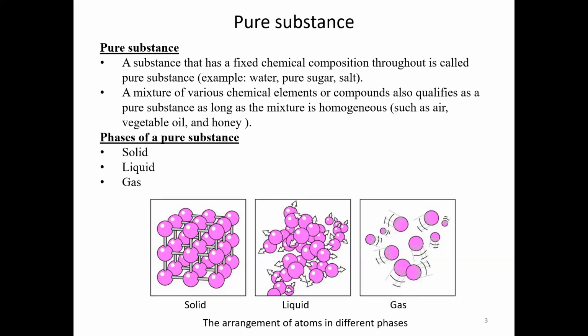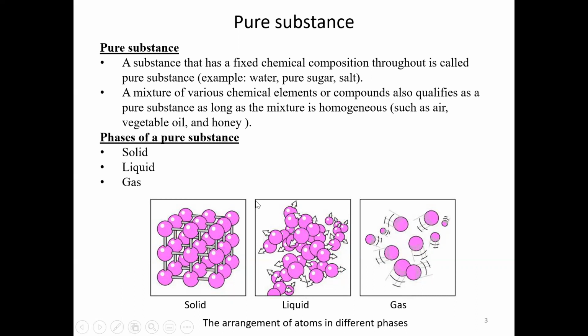And you can see in the figure below the structure of molecules in each phase. In the solid, you can see that the molecules are uniformly distributed, while in the liquid it's a bit scattered, and the gas is very randomly scattered. So each one has a different structure.